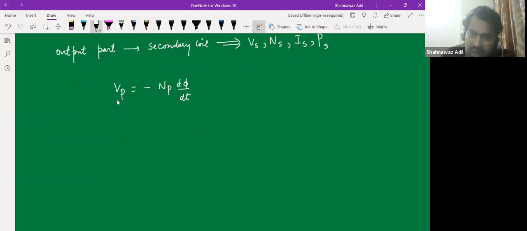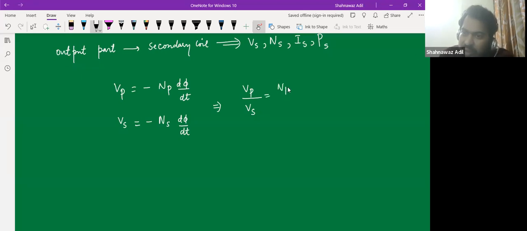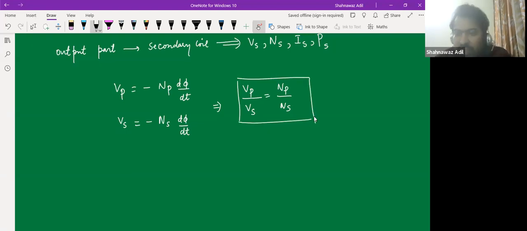And then we have the secondary coil as well. In the secondary coil, that would be Ns d phi by dt, right? If we divide these two things, what will we get? We will get Vp by Vs equal to Np by Ns. This is the thing that we get in a transformer.